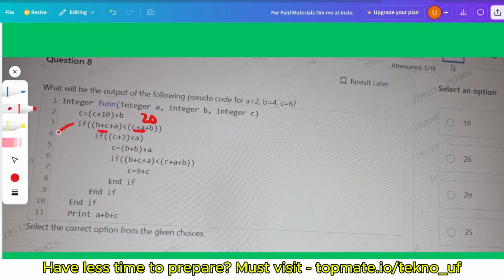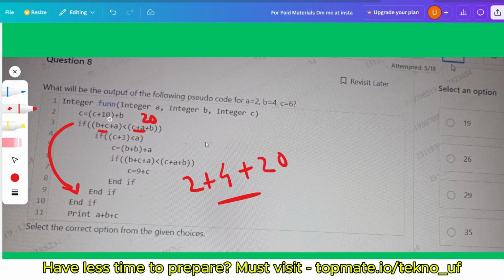So we don't have to go inside the if block, just go to the end of the if block and print A plus B plus C. So value of A plus B plus C will become 2, that is value of A, and B is 4 and C, that is 20. What students do they miss?